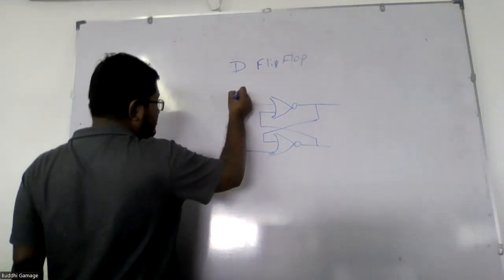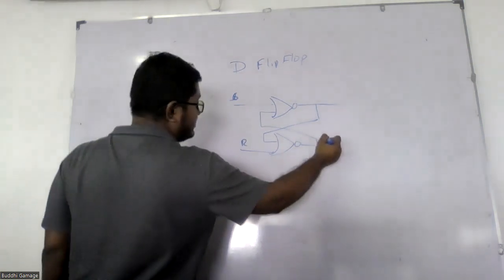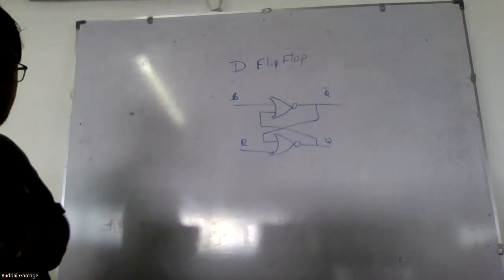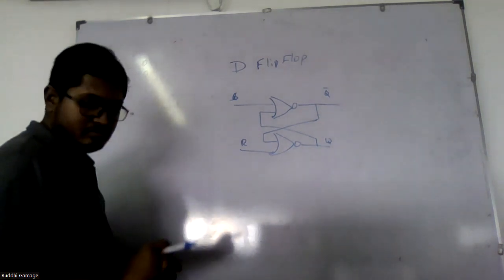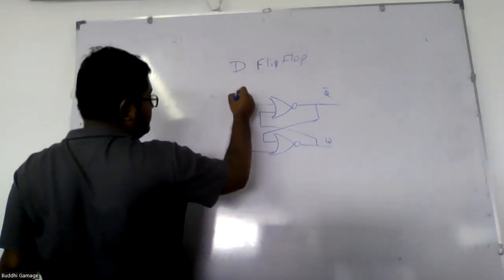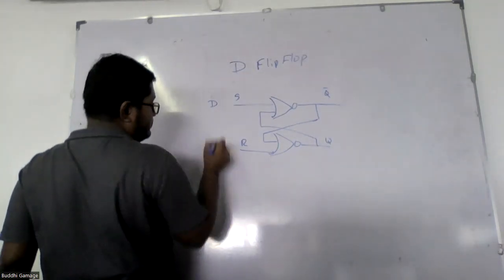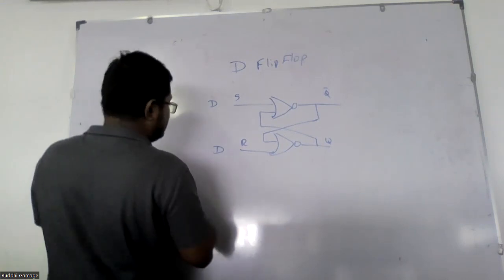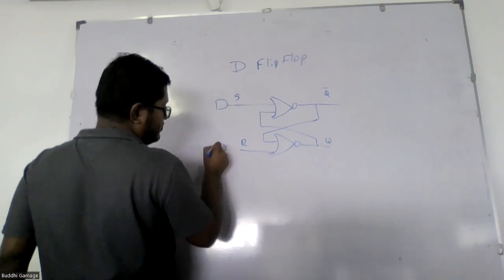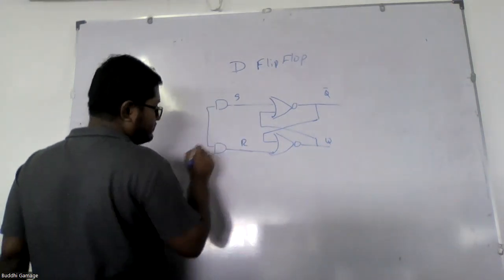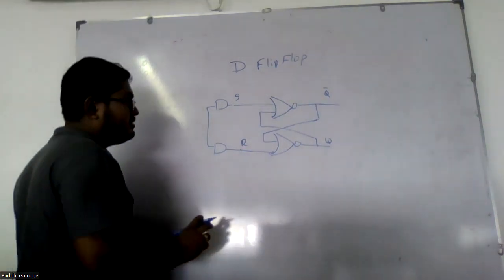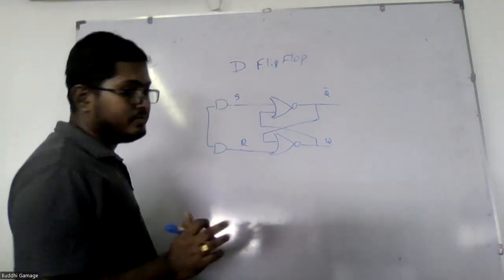So say this is S, this is R, and this should be Q and Q bar, right? And we need to use the clock.